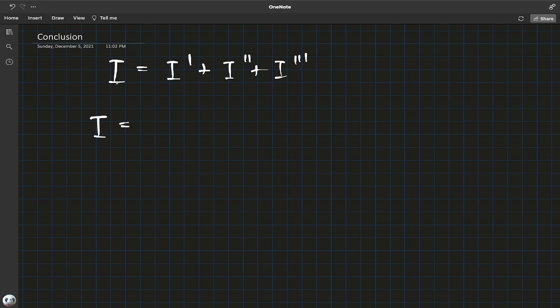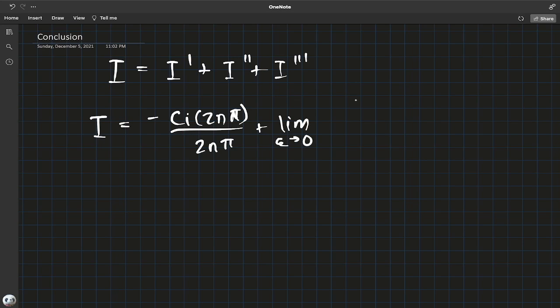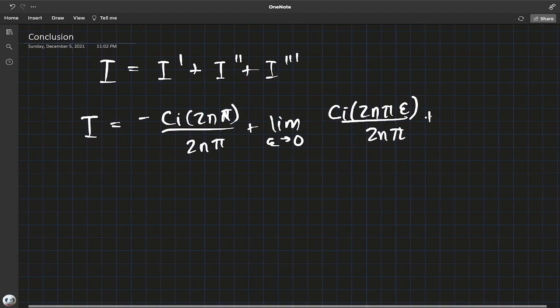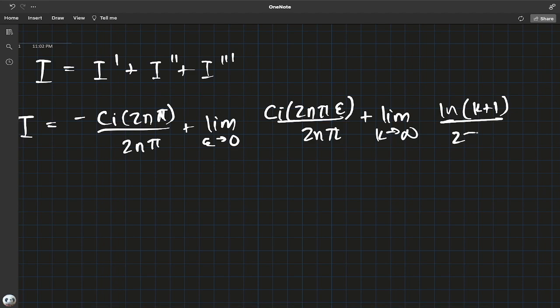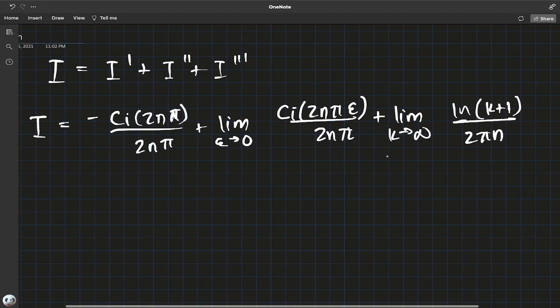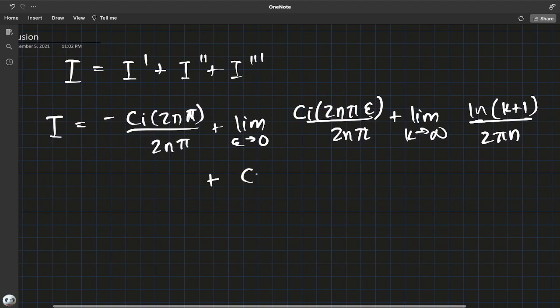So I is going to be negative cosine integral 2n pi over 2n pi, limit as epsilon goes to 0, cosine integral 2n pi epsilon over 2n pi, plus limit as k goes to infinity, natural log of k plus 1 over 2 pi n, plus Ci 2 pi n over 2 pi n.